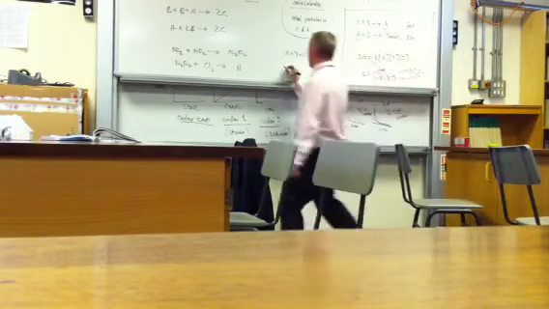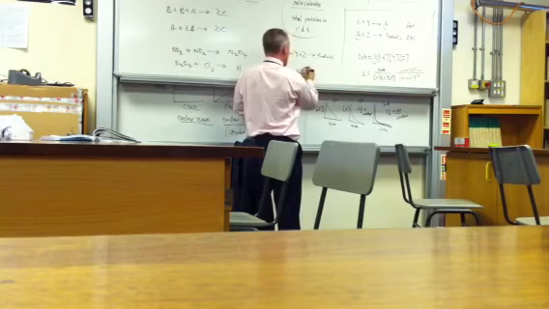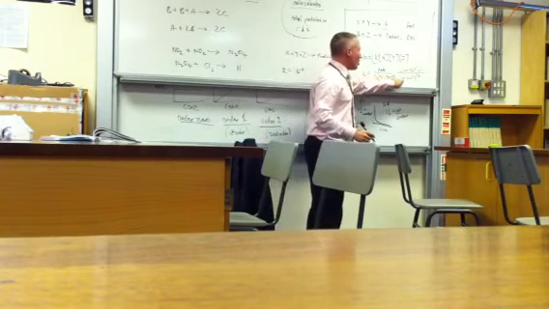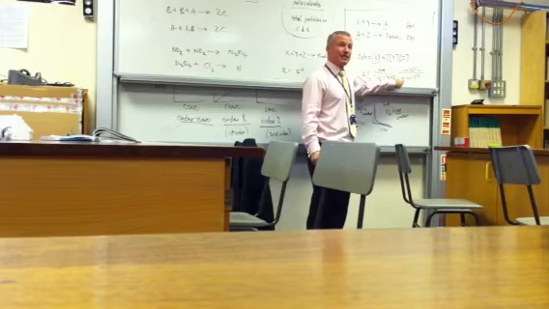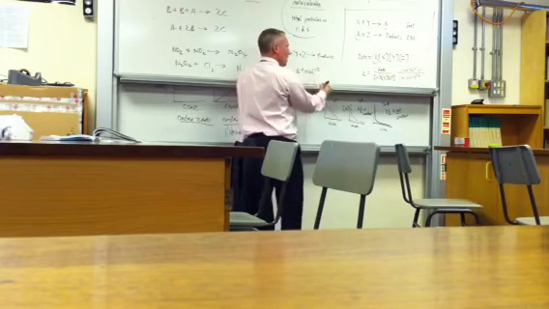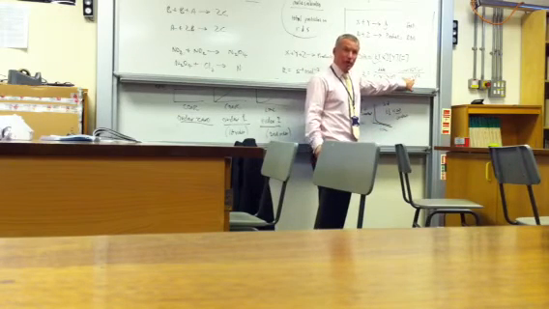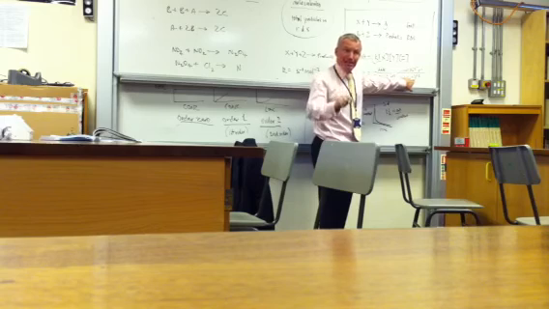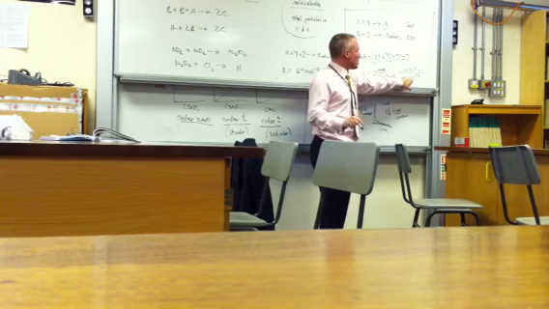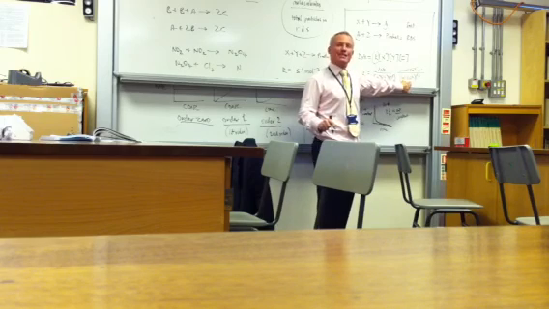So my units work out as seconds to the minus 1, because that's on top. I've got moles squared, which I bring up to the top so it becomes to the minus 2. And I've got decimeters to the minus 6, because dm to the minus 3 squared is dm to the minus 6, as when you square indices you multiply them.